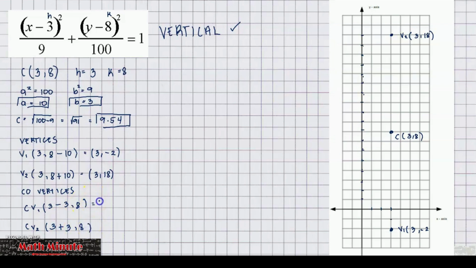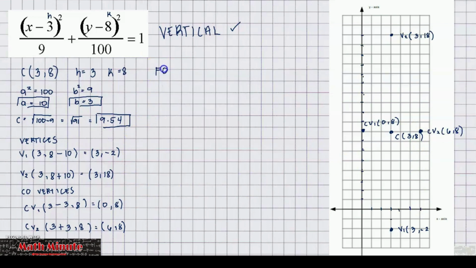Then we will simplify. So this will be 0, 8, and 6, 8. So we locate it here. So this is CV sub 1, which is 0, positive 8. And CV sub 2 will be this part, which is 6, positive 8.